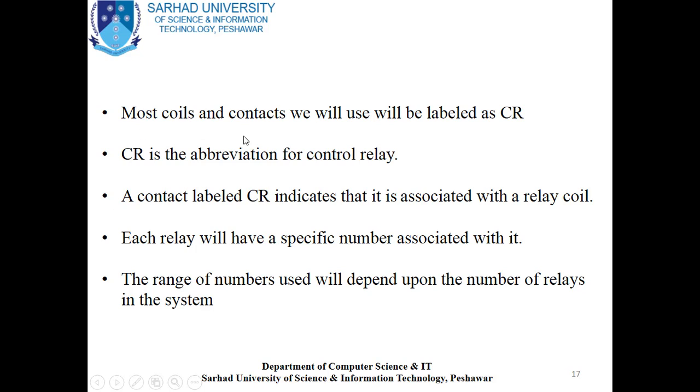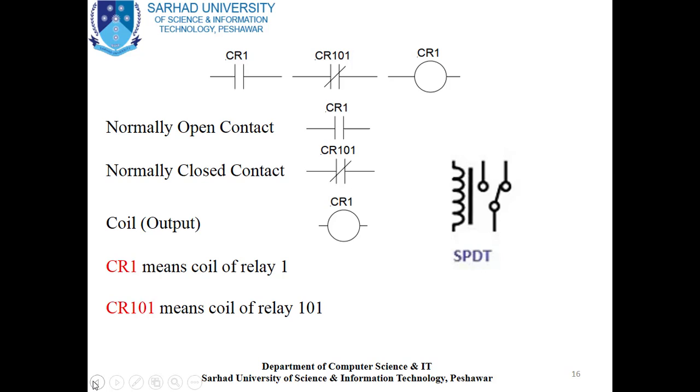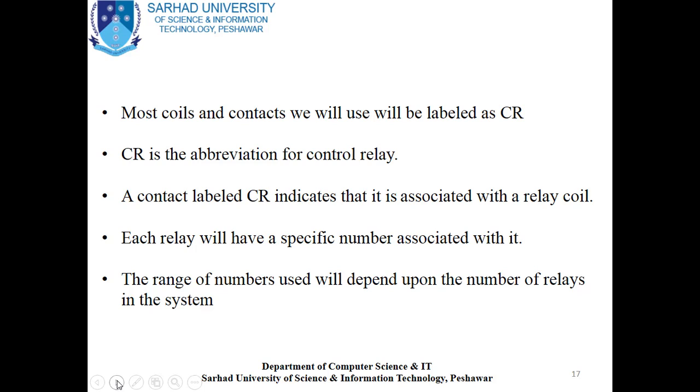Most coils and contacts we will use will be labeled as CR. CR is the abbreviation of control relay. In the previous slide you can see we have used CR, which means control relay. A contact labeled CR indicates that it is associated with a relay coil.